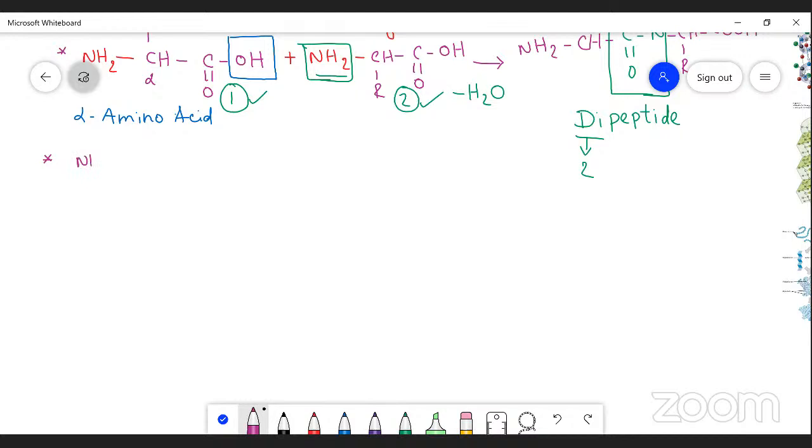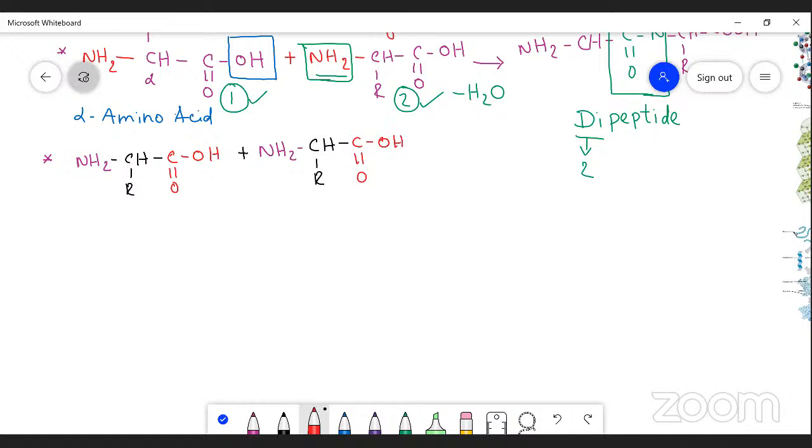Here NH2 is the amino group, then CH and R, and COOH, that is C double bond O and OH. That is 1 amino acid. This 1 amino acid reacts with another amino acid, which has NH2, CH and R, and C double bond O and OH. That is the second amino acid.